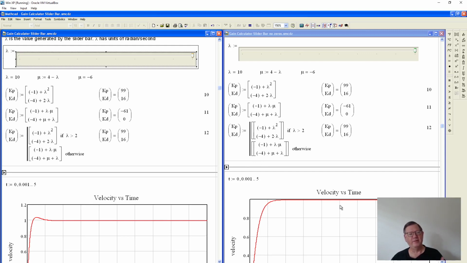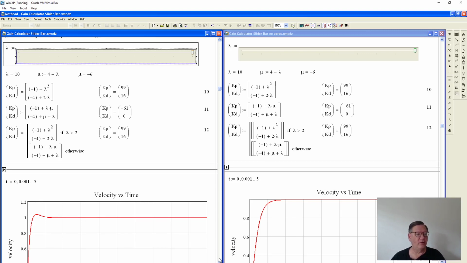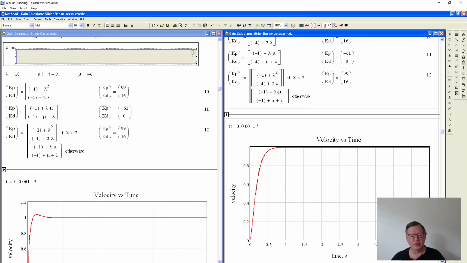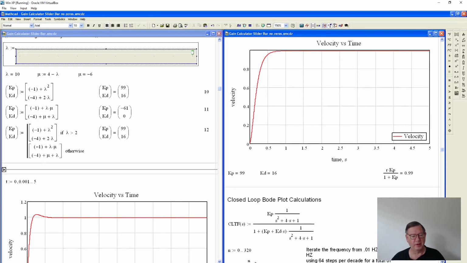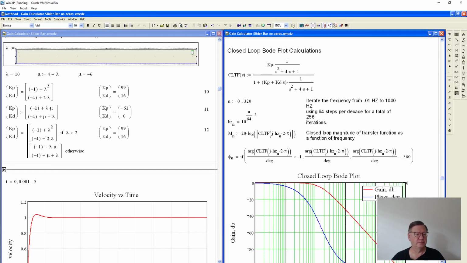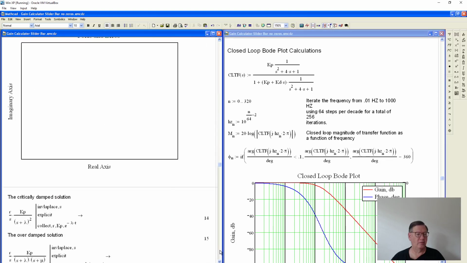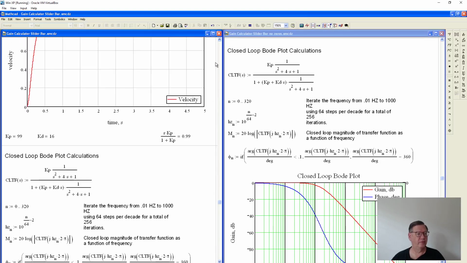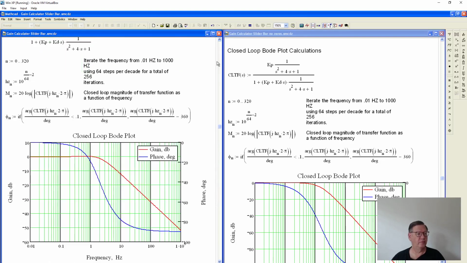In other words, the derivative gain is only in the feedback path, not in the forward path. And the way that it looks on the equations, let me just move up here to the Bode plots.